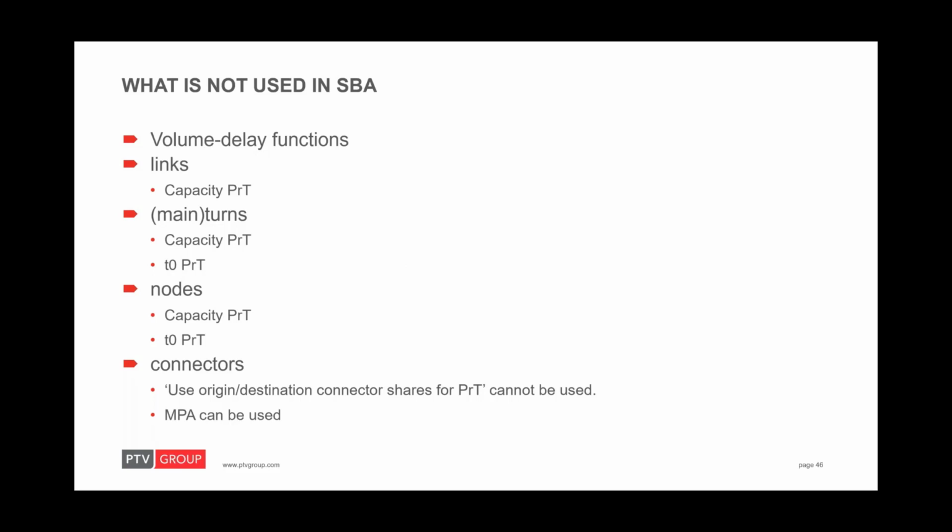We don't use explicit capacities or the T naught or base delay applied to the turn or nodes. Then we also don't use MPA proportions specified in the traffic assignment on the connectors. So you can have multiple connectors, but you can't specify explicitly the proportions or shares in that case.